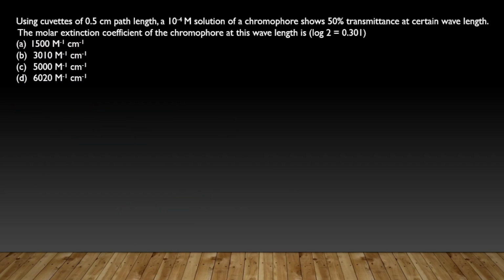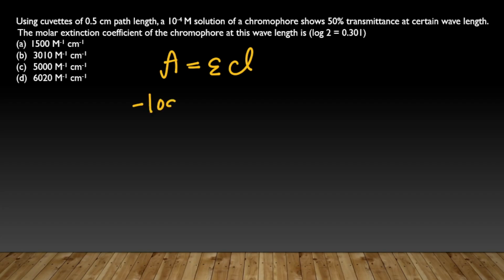Next we are having this. It says using a cuvette of 0.5 centimeter path length and this much molar concentration of a chromophore which shows 50% transmittance at a certain wavelength, we have to find the molar extinction coefficient in units of mole inverse centimeter inverse. We know absorbance is equal to epsilon into c into l.